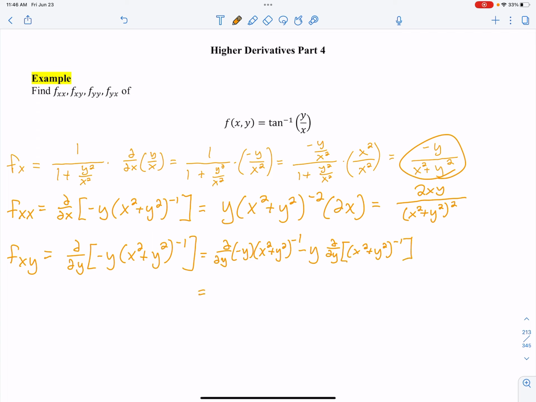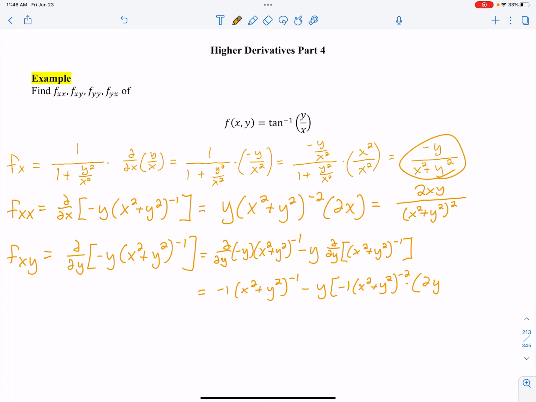Okay, so the partial of just negative y is negative 1. So we got negative 1 times x squared plus y squared to the negative 1 minus, okay, and I'm going to have a y. And now I got to take that derivative, so the negative 1 comes down. x squared plus y squared stays to the negative 2 times 2x, or it's with respect to y, so it's going to be 2y.